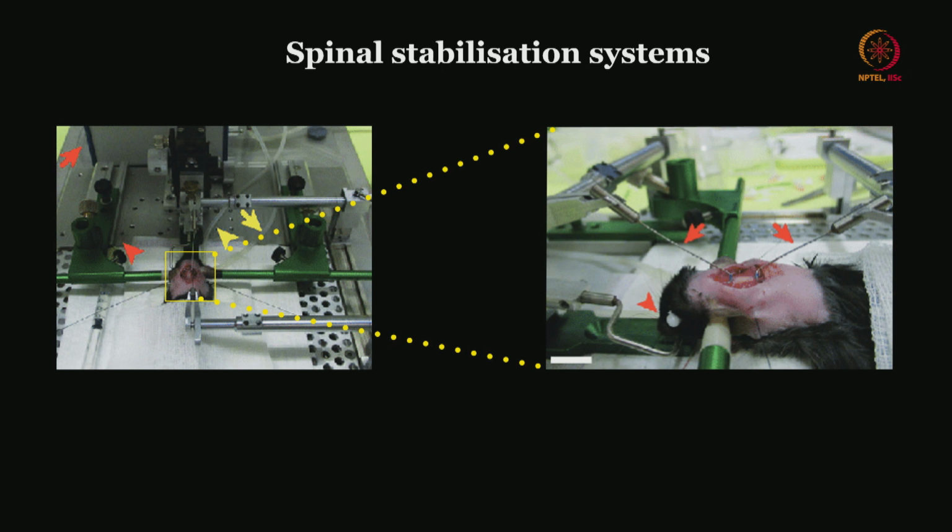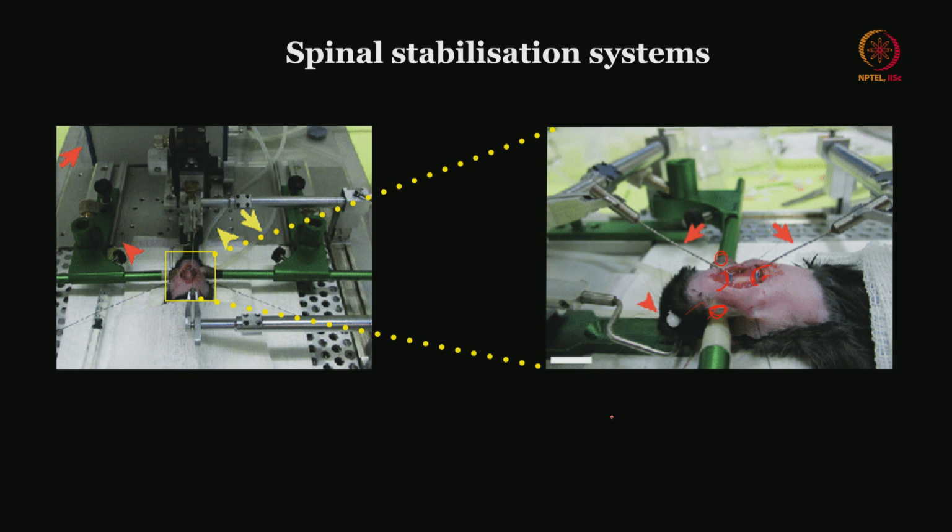Alright. So this is one of the cervicothoracic cord exposures, wherein the oral point below the auricle has been used as the fixation point, similar to the cranial stabilization. And what you are seeing here are the retractors that can be modified as per the need, wherein the skin and the muscles are held out of the surgical area.